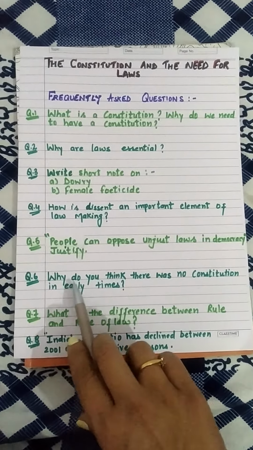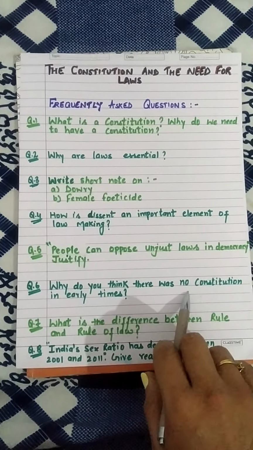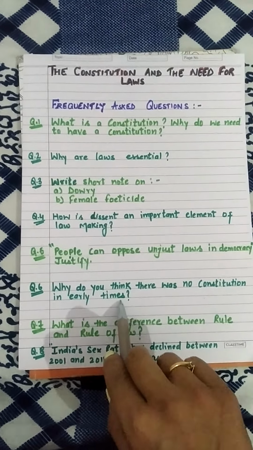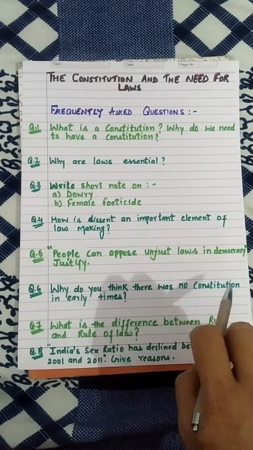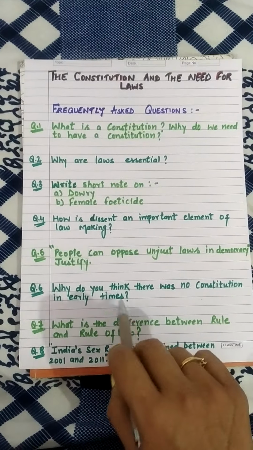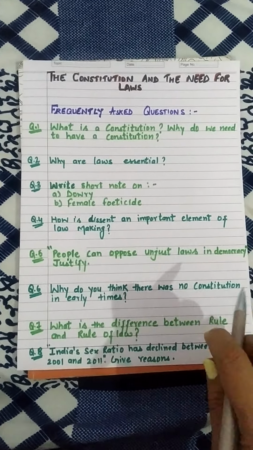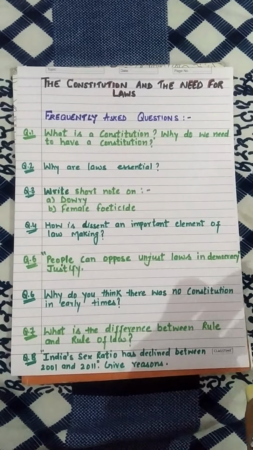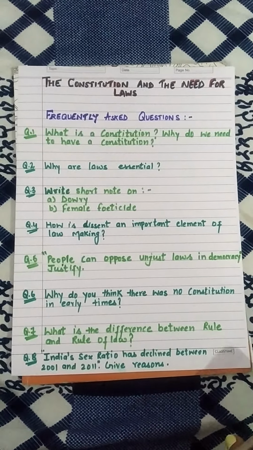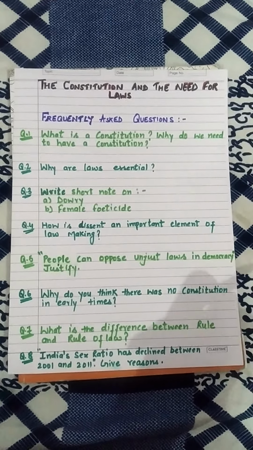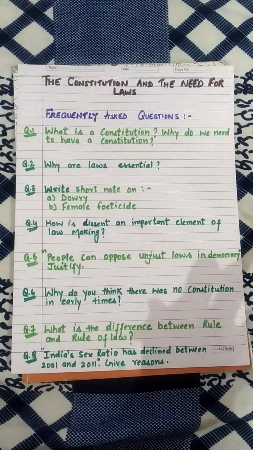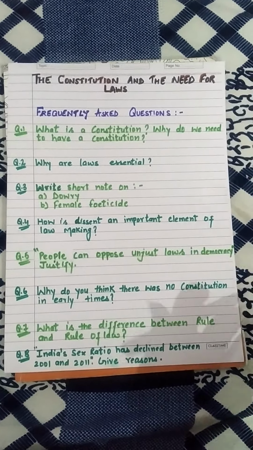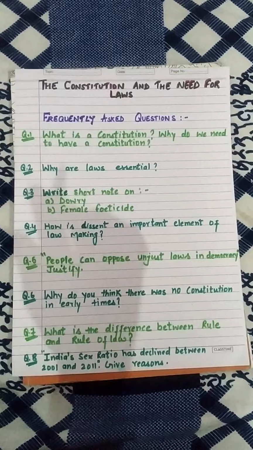Next is, why do you think there was no constitution in early times? So there was no constitution in early times, although the rulers had some set of rules by which they ruled. Yes or no? But overall they had the supreme power. It means the final decision was in the hands of the ruler.